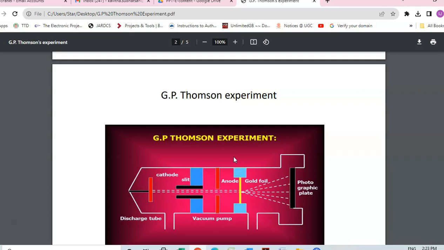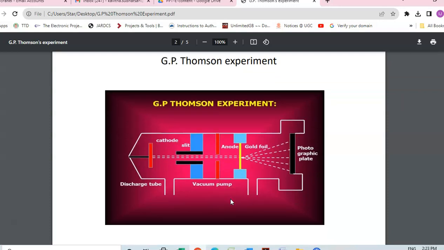Then we have to find the first order diffracted rays that make an angle theta. Which rays make the first order diffracted angle theta? Then it is easy to calculate from Bragg's formula, 2d sin theta equal to n lambda. Since theta is very small, sin theta is small, and from the interplanar spacing we can easily calculate the d value.